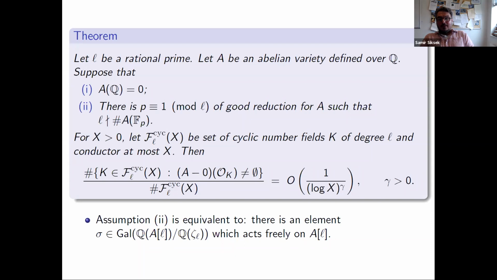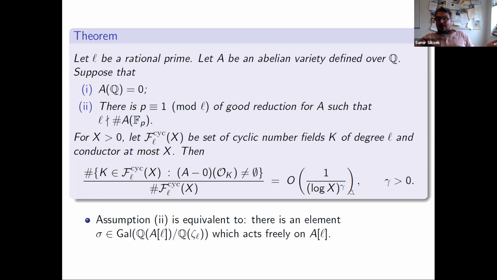Now, if I take X to be some large real number, I take the set of cyclic number fields of degree L and conductor at most X, and I count the ones where I may have an integral point.